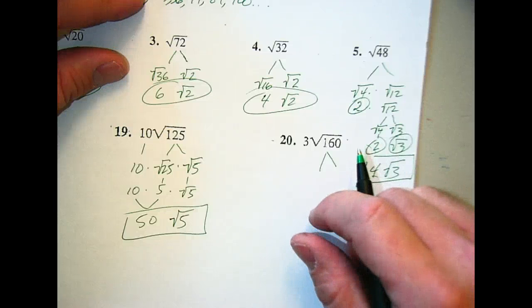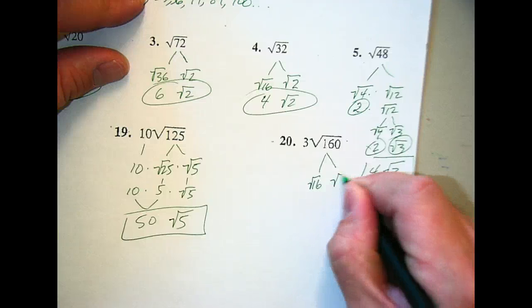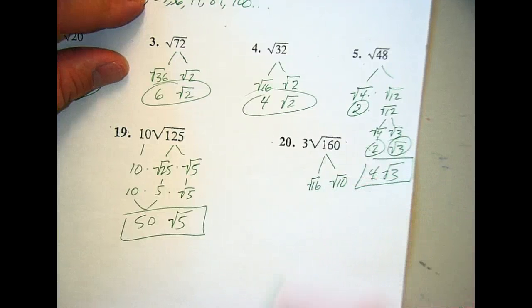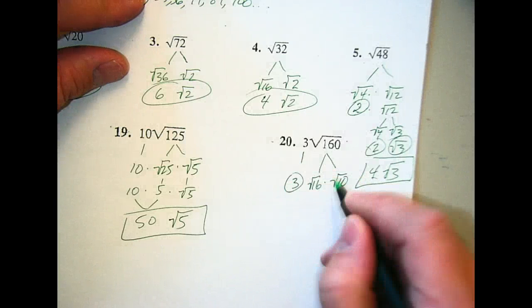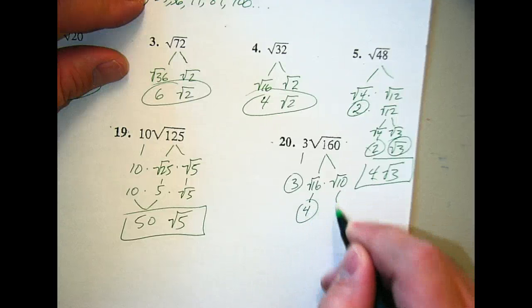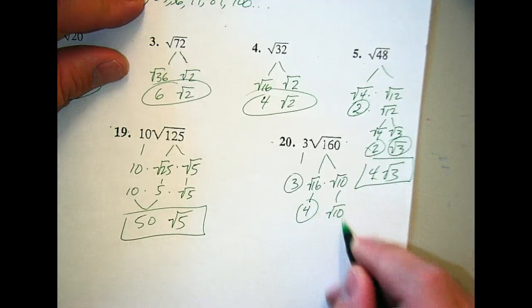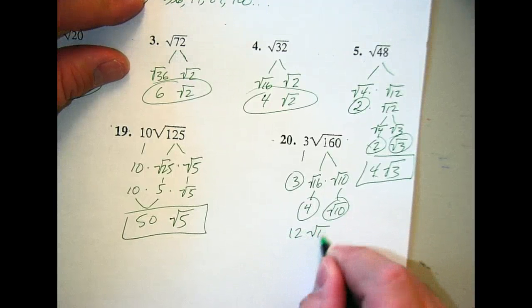If you put 16 in there, you get root 10 and root 16. Okay, so 16 times 10, a little tougher. Times 3. Okay, we're done with that piece. 16 becomes 4, and the root 10 just drops down, so we're left with 3 times 4 times root 10, or 12 root 10s.